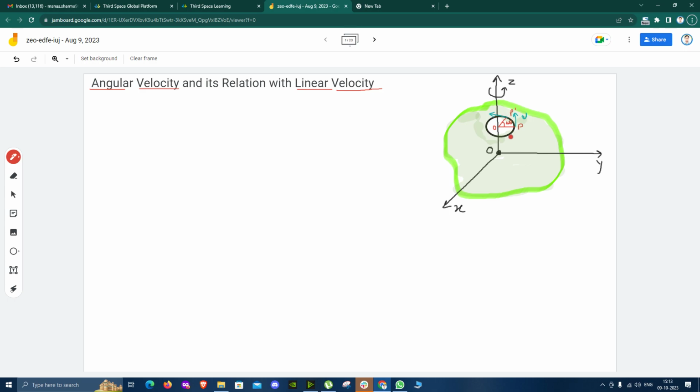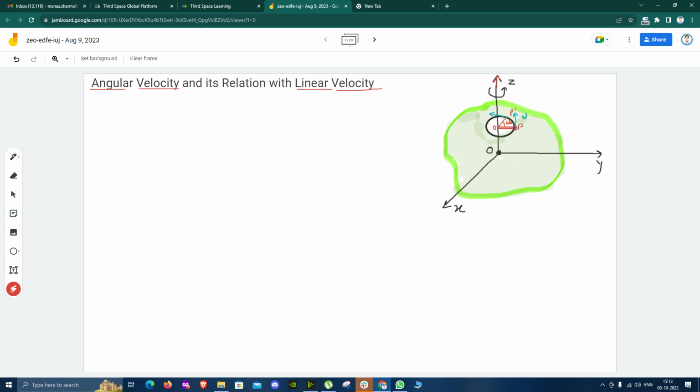In a circular motion, particles are moving in a circle around a common axis of rotation. As you can see in this case here, the body is revolving around this axis in a circular manner.